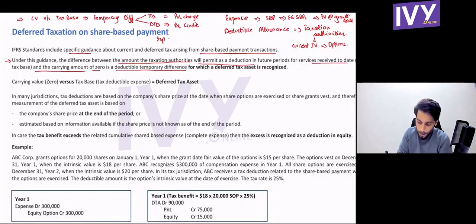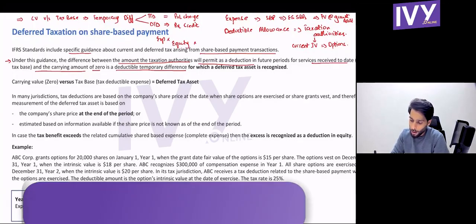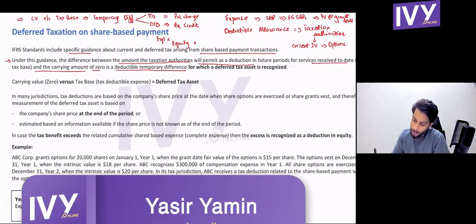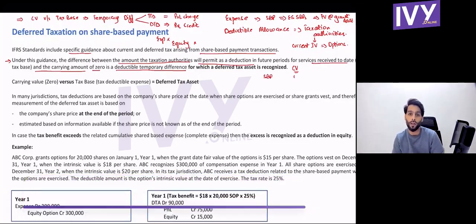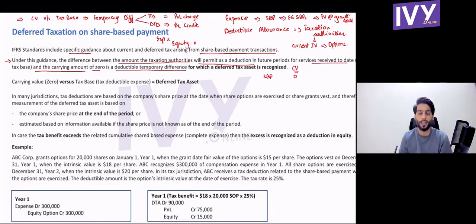No asset, no liability. So if we follow the traditional IAS 12 route, for the share-based payment, our carrying value of asset or liability is going to be 0 because there is no asset, no liability, only equity. The share-based payment asset or liability is zero, carrying value is zero. But the tax base, the amount of benefit that is recoverable from the tax authorities, will always be positive.